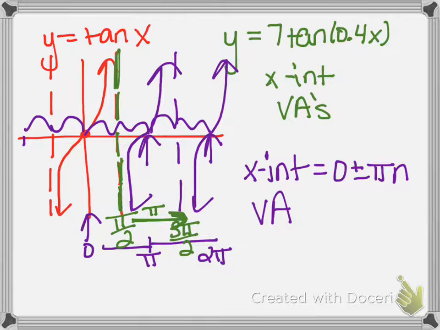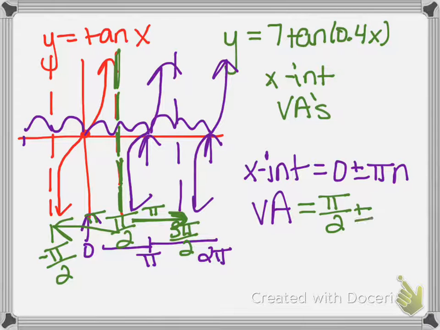If I start here at this primary vertical asymptote and I go pi units in the other direction, I'm now at the next vertical asymptote, which would be at negative pi halves. And so the equation for the pattern of the vertical asymptotes would say pi halves is your initial vertical asymptote, but then once again it repeats itself every pi. So you would say plus or minus pi n.